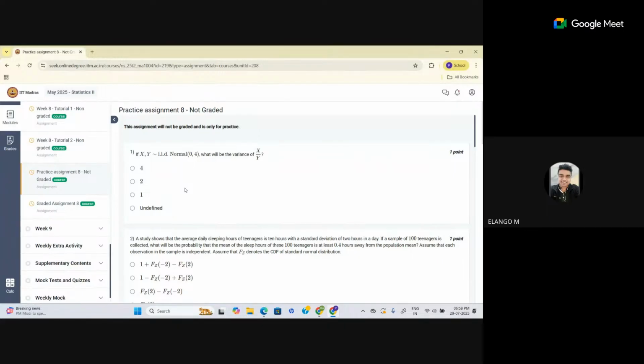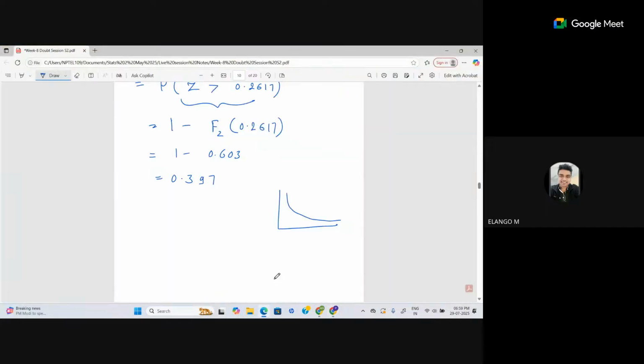For a sample mean, can we use any other formula for any other question? Yes, we have solved those questions. Yesterday also we solved questions where we have done it for mean and for the sum also.